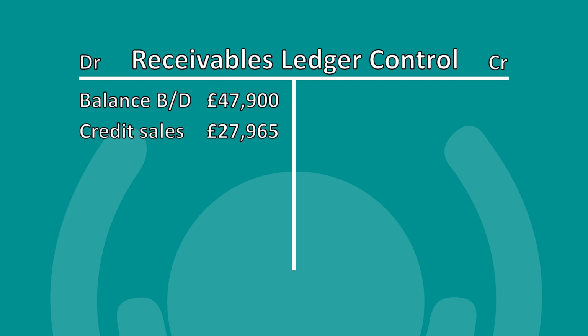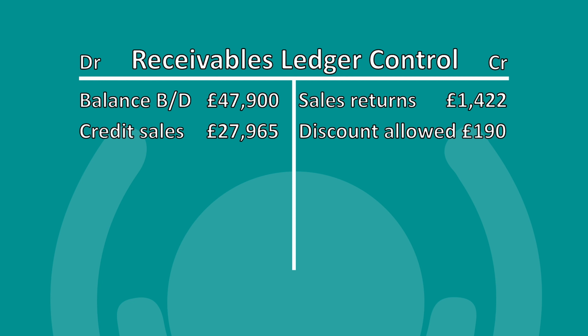Sales returns would reduce the amount owed to the business and therefore be a credit to the account. Discounts allowed would also reduce the amount owed to the business, as they're allowing the customer a discount on the sale for paying quicker. This is also referred to as a prompt payment discount and will be entered therefore on the credit side of the account.